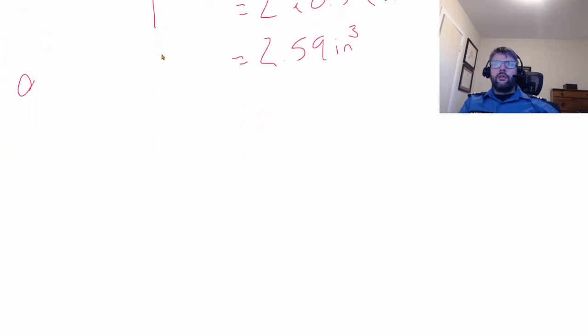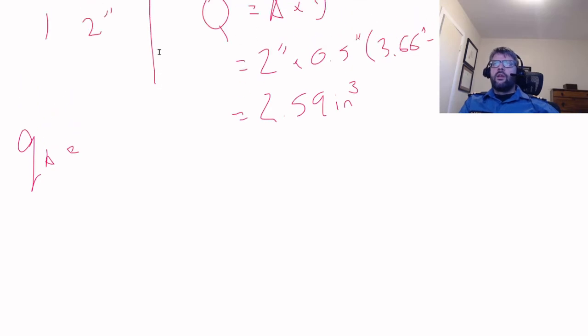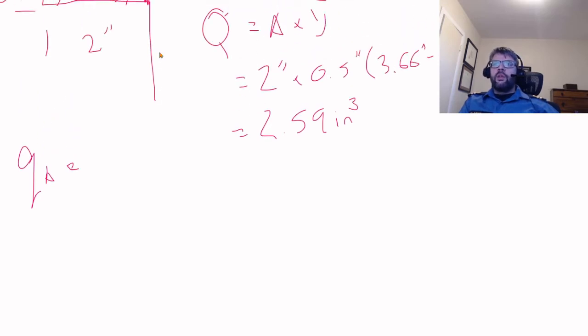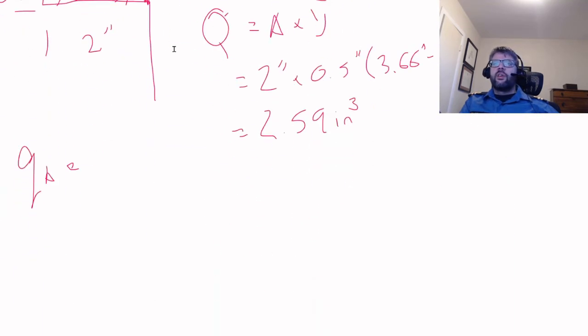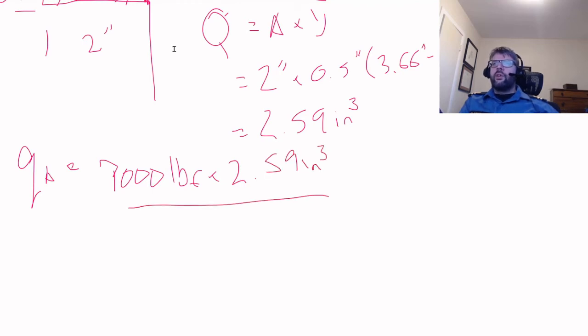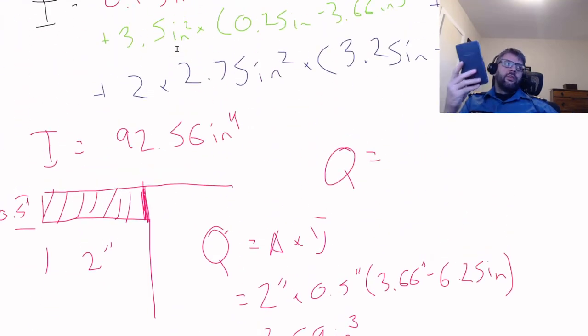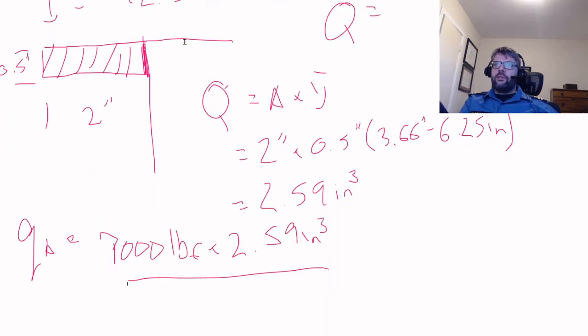So finding our Q at A is going to be the load, the V was 7 kips. So 7,000 pounds force times 2.59 inches to the third, all divided by the I, which is 92.57 inches to the fourth.